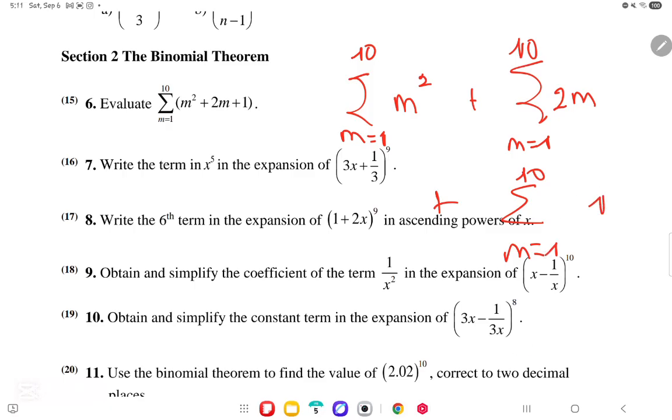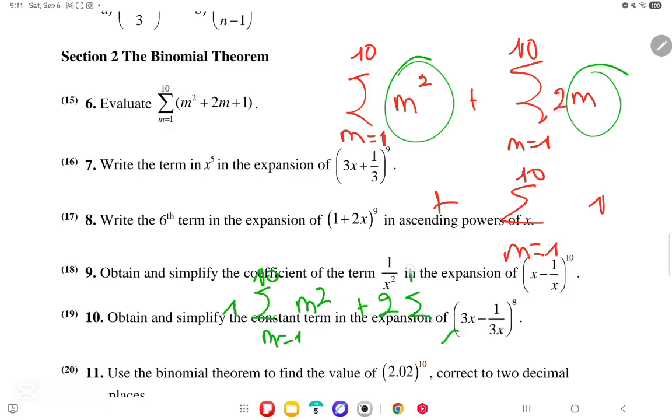Now, anything that has a variable in it, you will take out the coefficient. What does this mean? It will become sigma notation 10, m equals 1, m squared, plus 2 sigma notation 10, m equals 1, m. This is 1 over here. Plus sigma notation 10, m equals 1, 1.